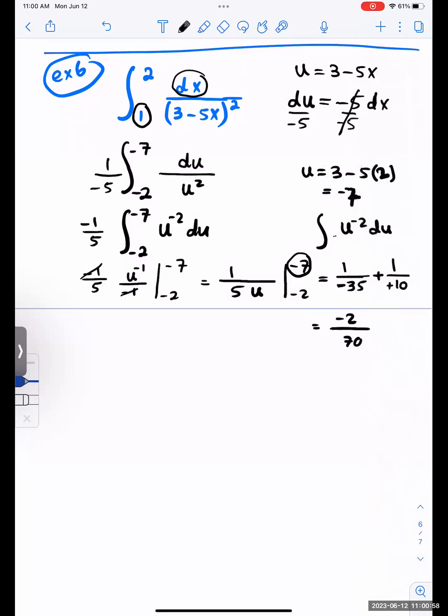Top and bottom of the second one with 7. Is that +5 over 70, which you can simplify here. 70 divided by 5, I think is 14. Yes, so 1 over 14 is the final answer.